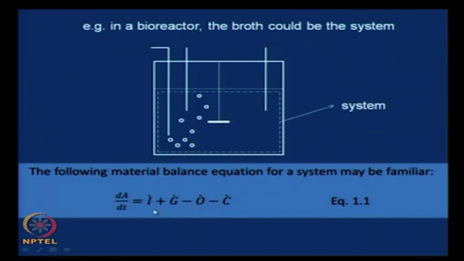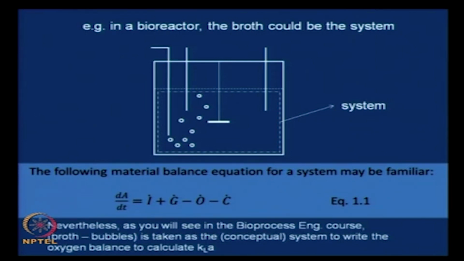In other words, input rate plus generation rate minus output rate minus consumption rate equals the accumulation rate. And note that we learnt that this is applicable only over the system for which it is written.